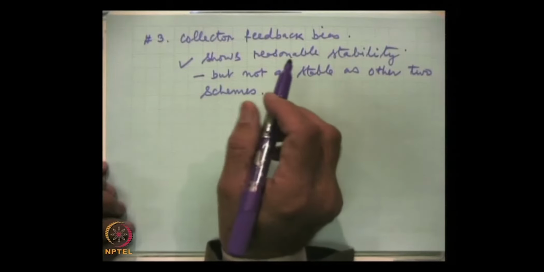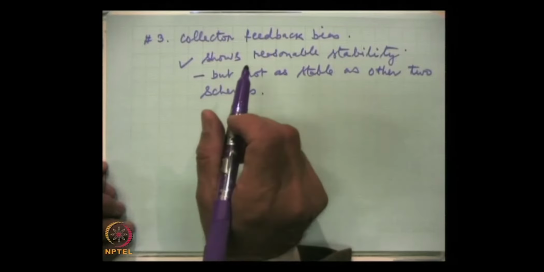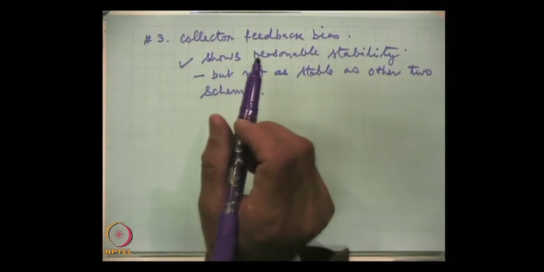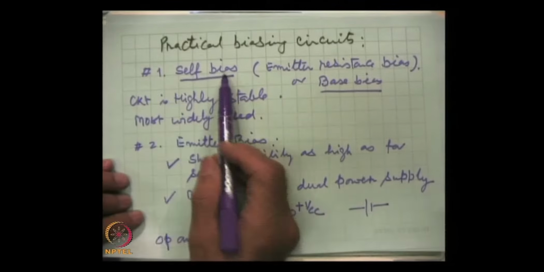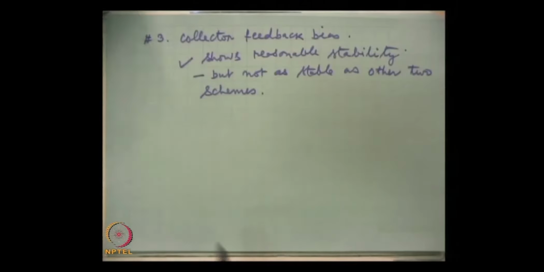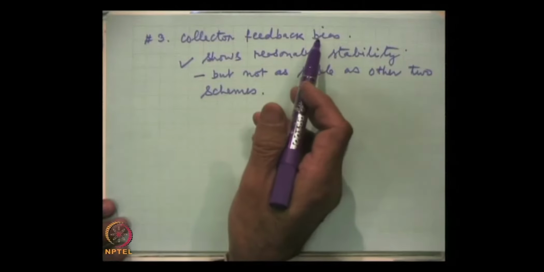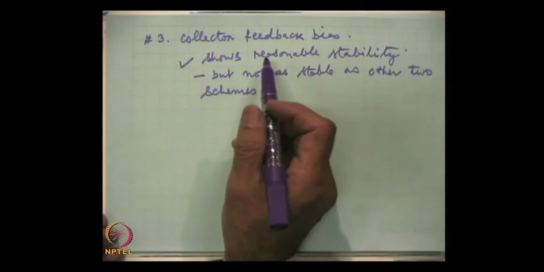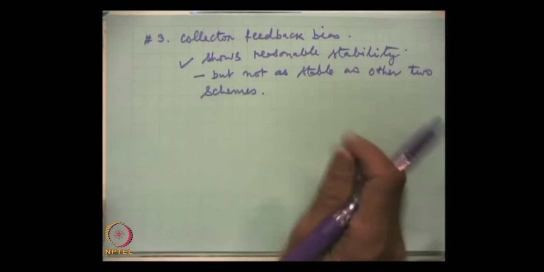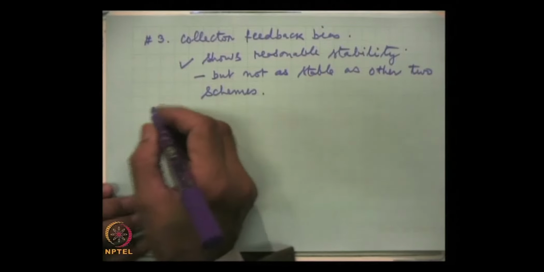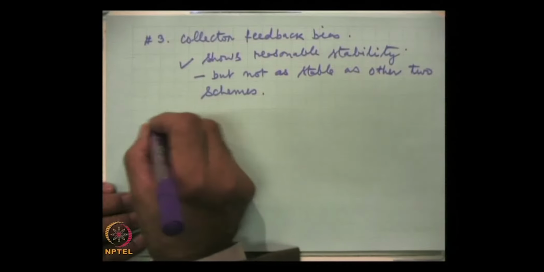So, these are the three practical circuits which are used: self bias, emitter bias and collector feedback bias. We will discuss one by one these schemes. So, let us first talk about the self bias.